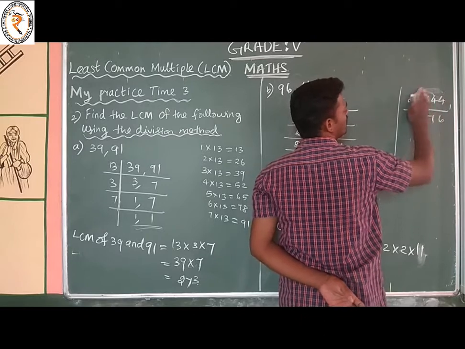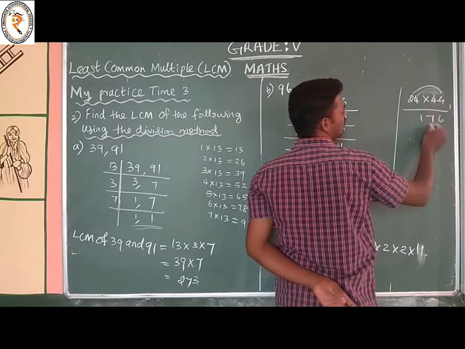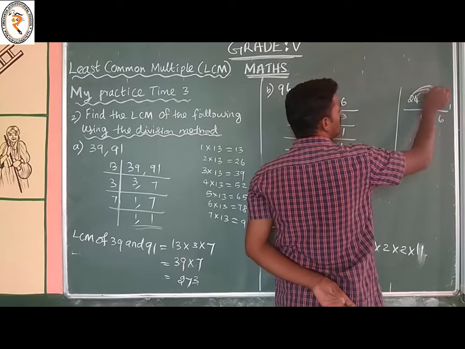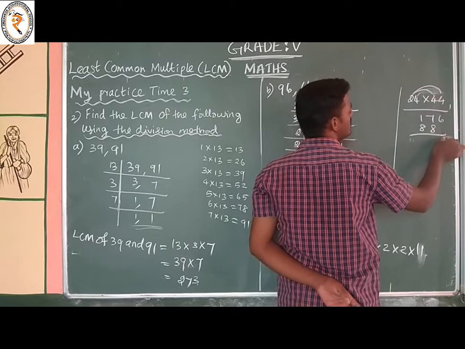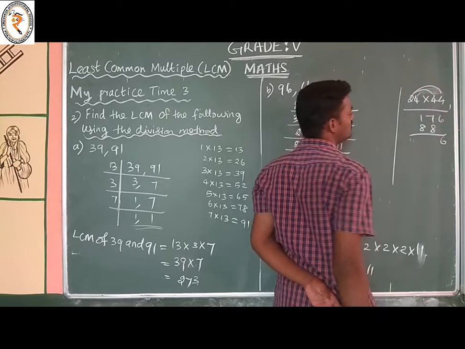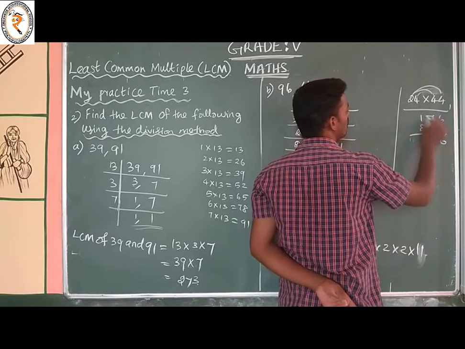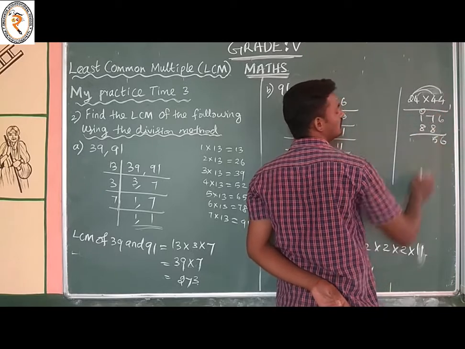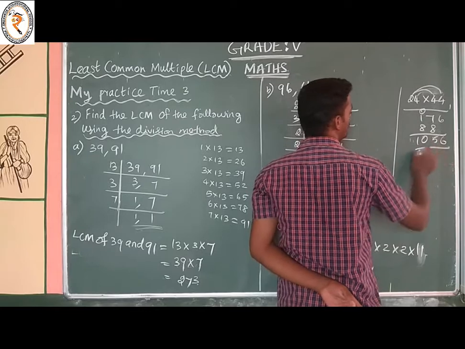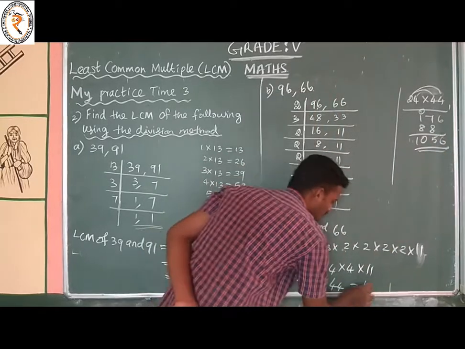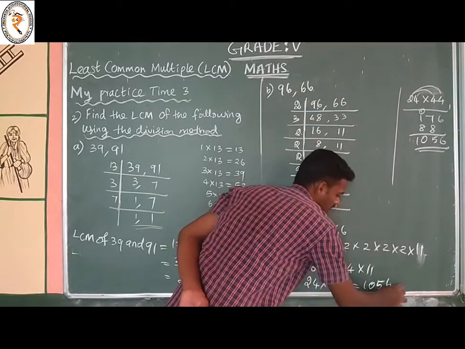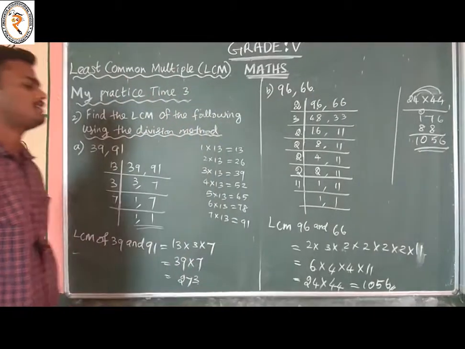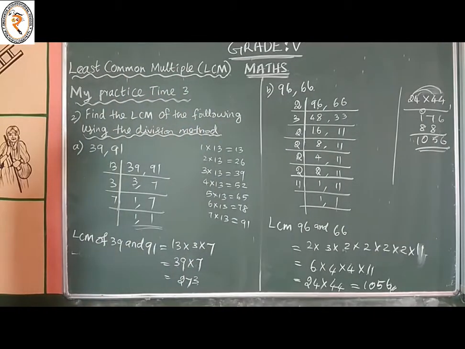So 2 twos are 4, 2 fours are 8, and 2 fours are 8. So the final answer is 1056. LCM of 96 and 66 is equal to 1056.